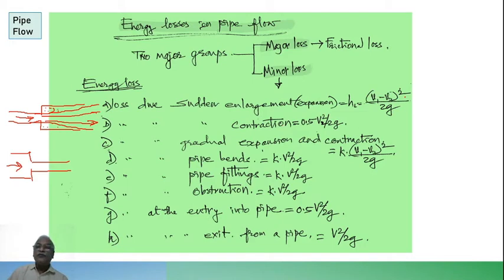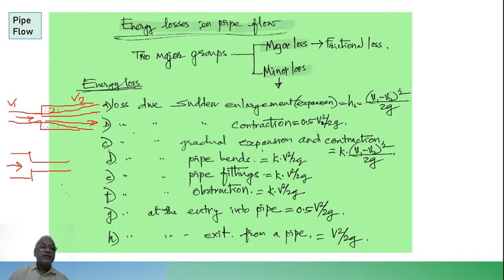Now the meaning of V1 and V2: in case of sudden enlargement, the velocity with which it is flowing over here in the smaller diameter is V1, and when it gets into the larger diameter the velocity is V2. It depends upon both the values of V1 and V2. That's why it is called (V1 minus V2) squared by 2g.